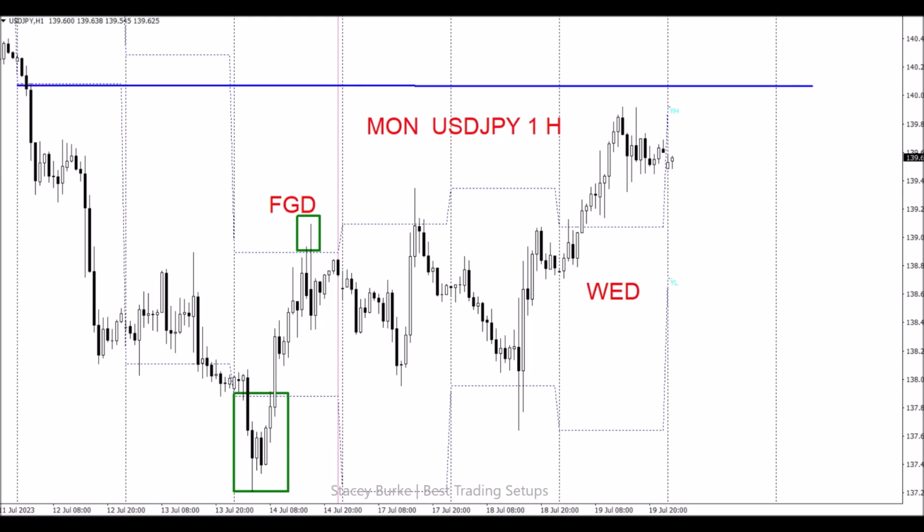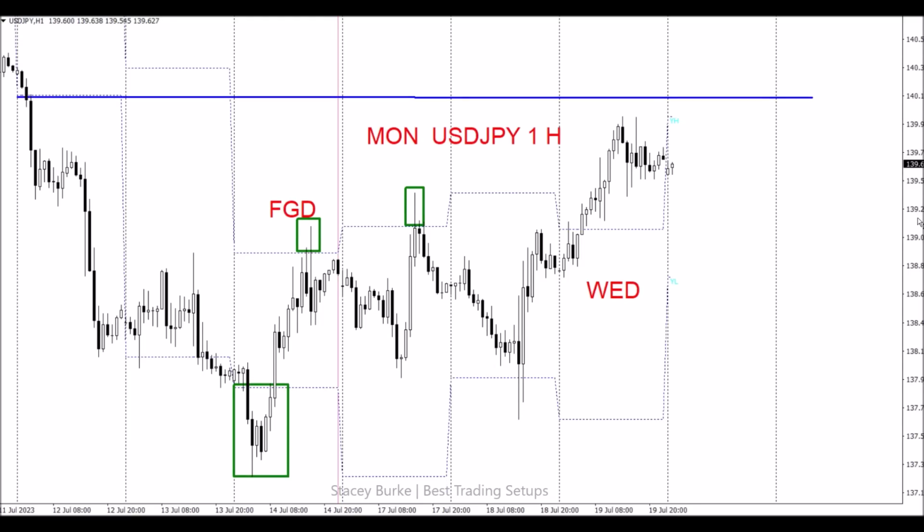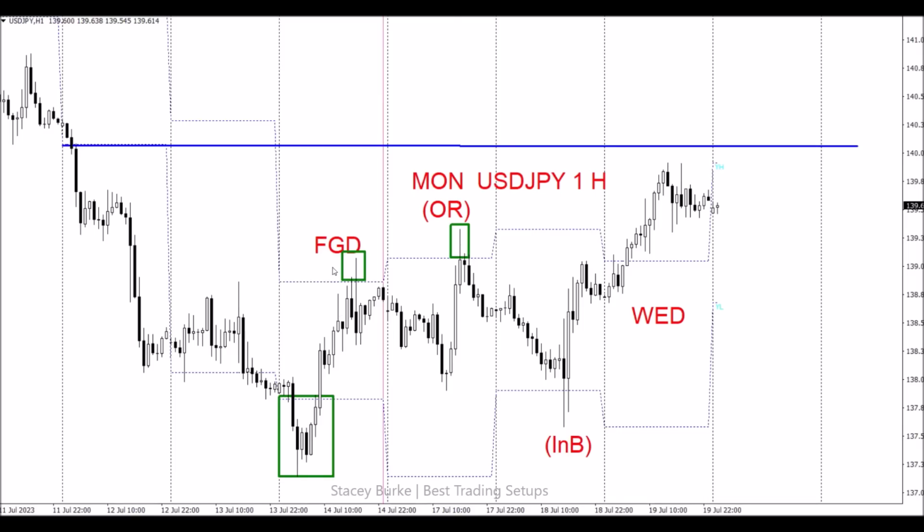And we had an opportunity again where the market tried to push higher on Monday a second time. So we had first green day, 1 push, 2 pushes, and then the market auctions back down on Tuesday. So we have our opening range on Monday. We have our initial balance on Tuesday, lower low, higher high on Monday, lower low.